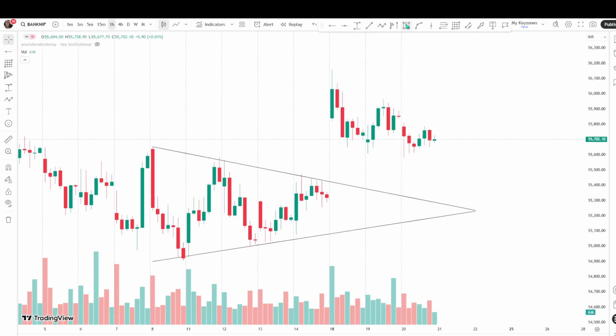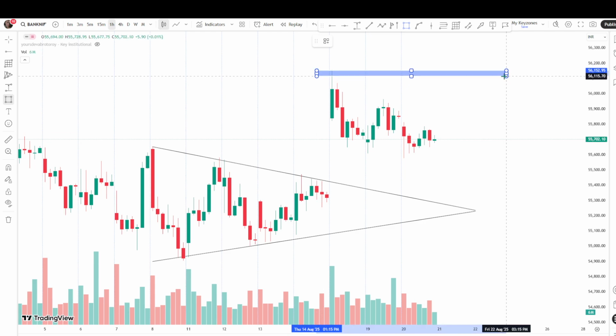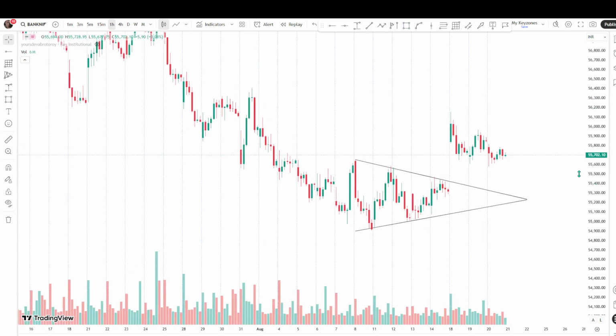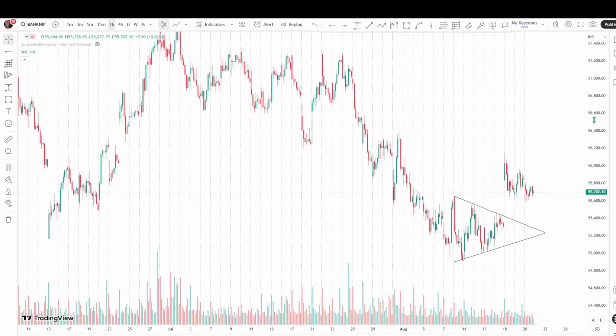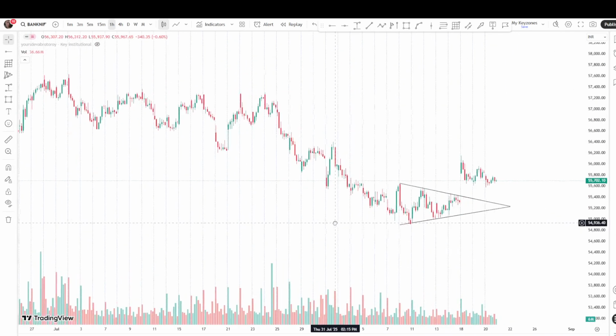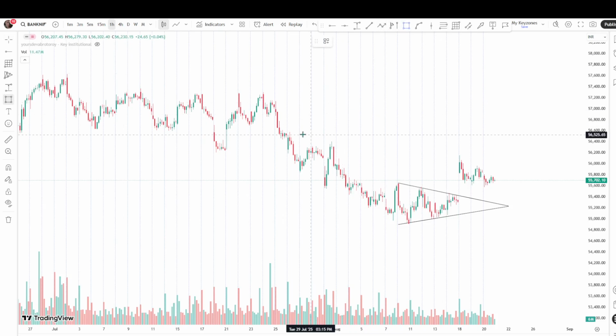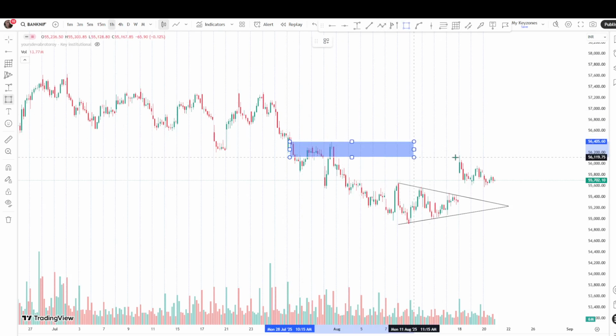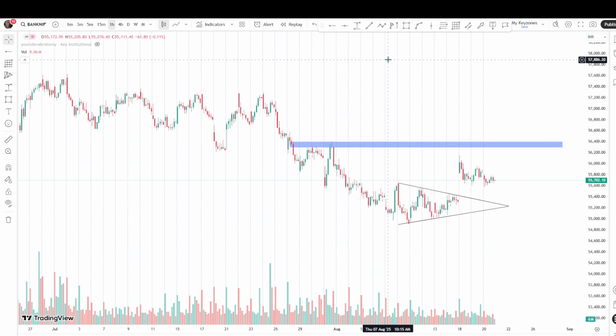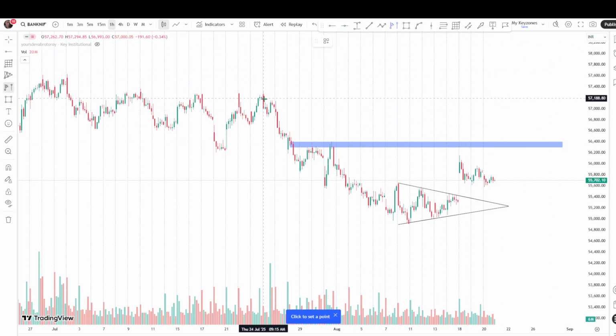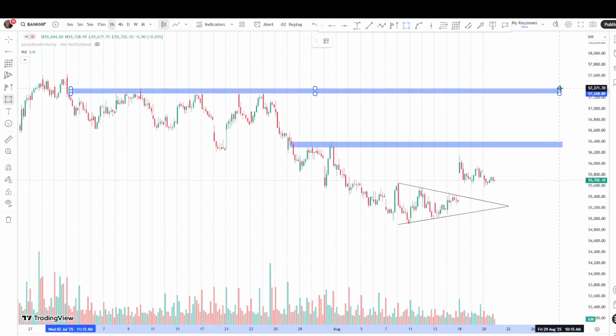Now the question in my mind was whether it will sustain or not, because around this level there are multiple resistance areas. If I zoom out from here, you can see the first resistance zone was here, the second was here, and multiple times price has been rejected from this level.